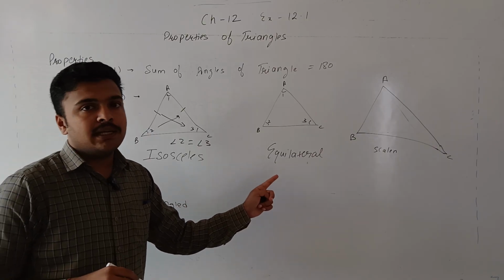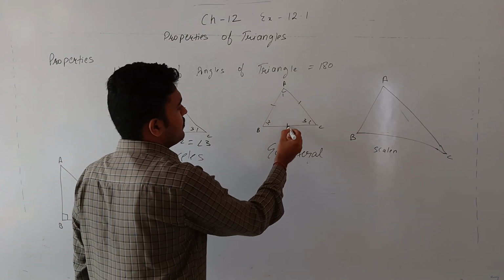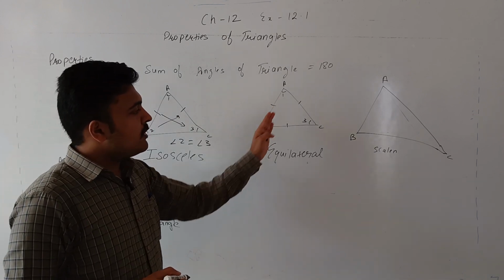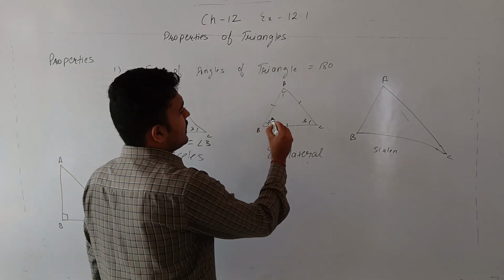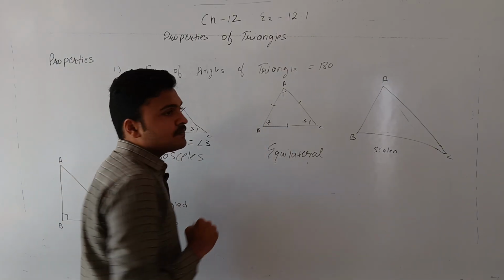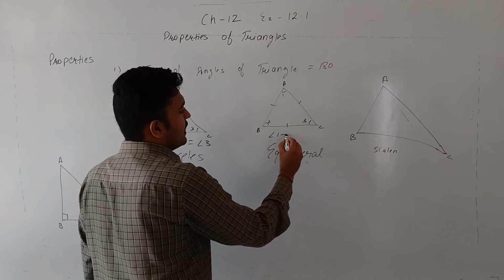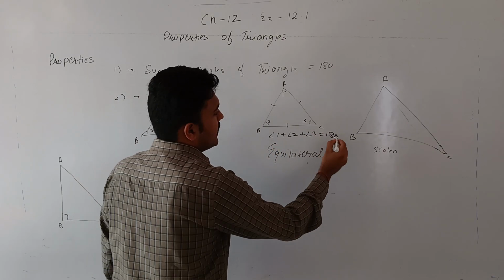Next is the equilateral triangle. In an equilateral triangle, all the sides are equal. All three sides of the triangle are equal. Therefore, the sum of all three angles is 180, and as all the angles are equal, angle 1 plus angle 2 plus angle 3 is equal to 180.